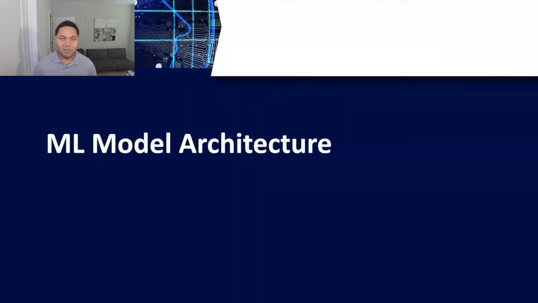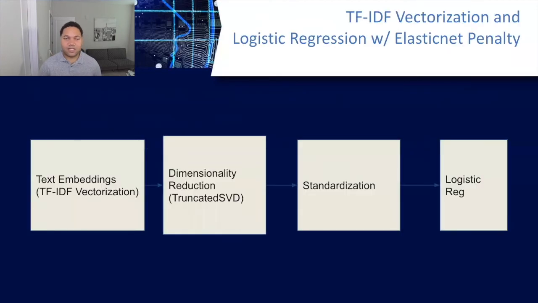Now, the different model architectures. First, we're going to start off with the TF-IDF vectorization with logistic regression with what's called an elastic net penalty. So you get your textual information and transform it into TF-IDF vectors. Then you do truncated SVD, truncated singular value decomposition.